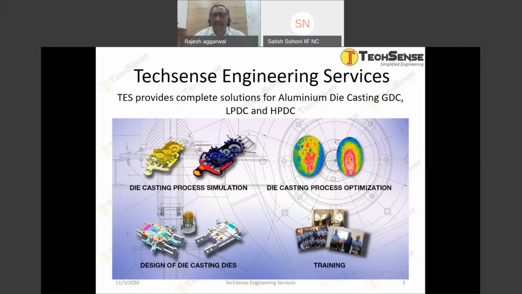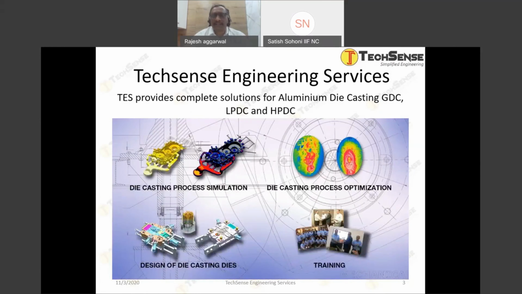And the secondary process, after the casting is produced, whatever we do on the aluminum casting, like cutting, shot blasting, painting, machining, are all secondary processes. What we'll be more interested in focusing on is the casting process, or the defects generated during this casting process, which is like a black box. Once the die is loaded on the machine, it looks like a black box. So what is happening inside?